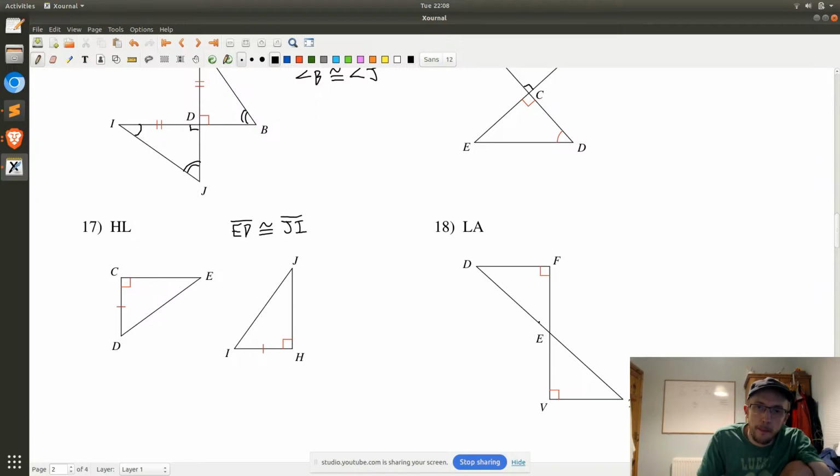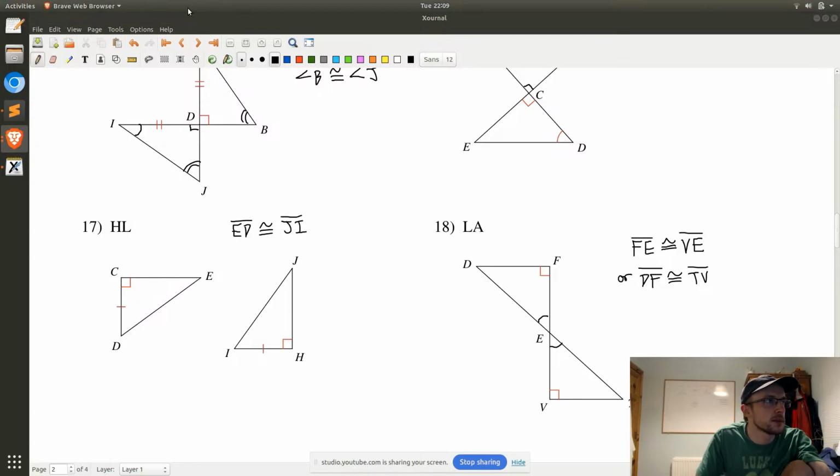And for the leg angle theorem, I would just have to know that side FE is congruent to side VE, or that side DF is congruent to side TV. And I check, and that's good.